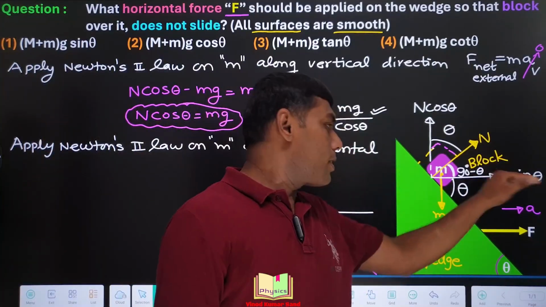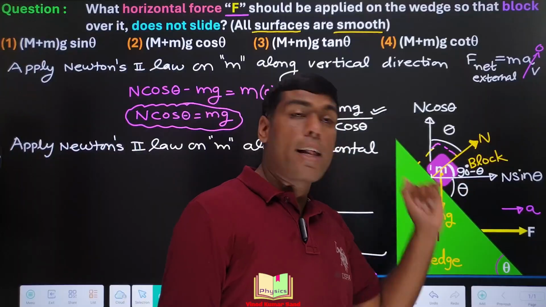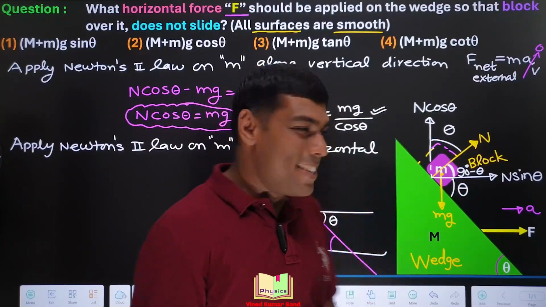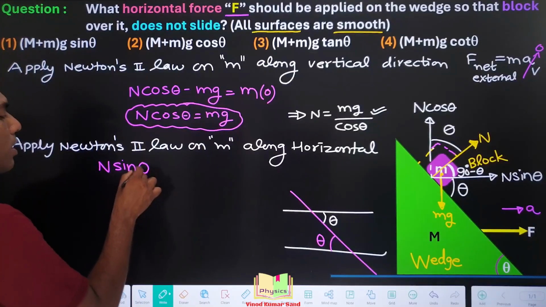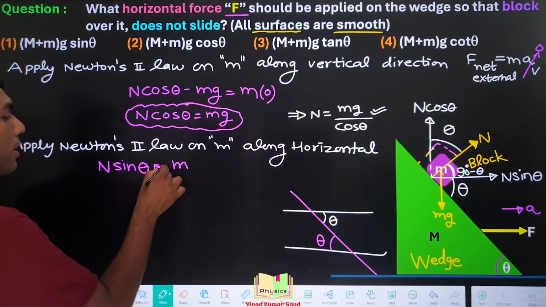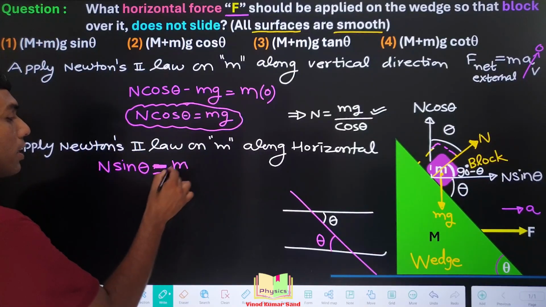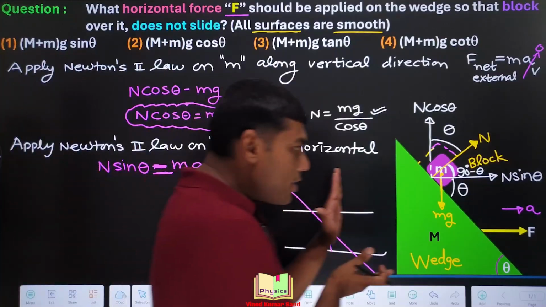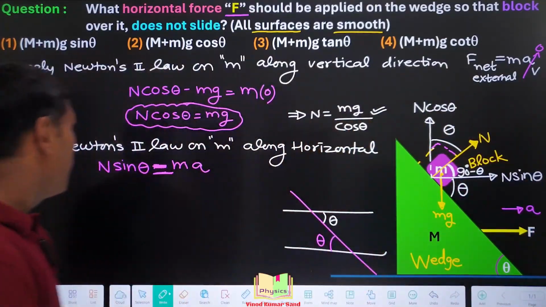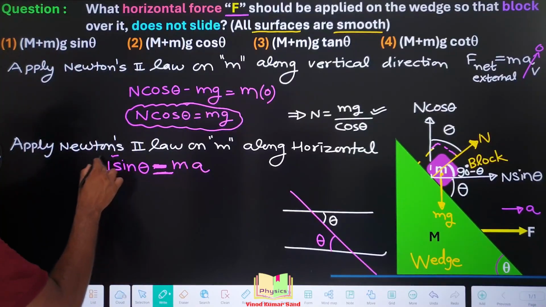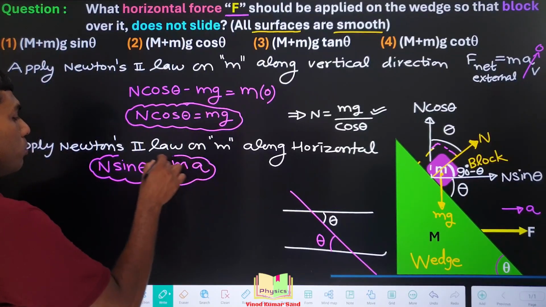How much is the net external force along the horizontal direction on small m? It is N sin theta. So let us write here N sin theta is equal to m times acceleration along the horizontal direction, which is a only. The entire system is being accelerated only horizontally. Now you call it equation number 2.